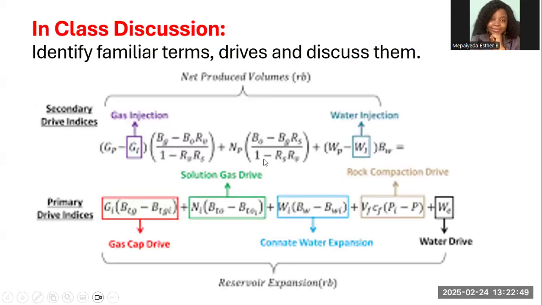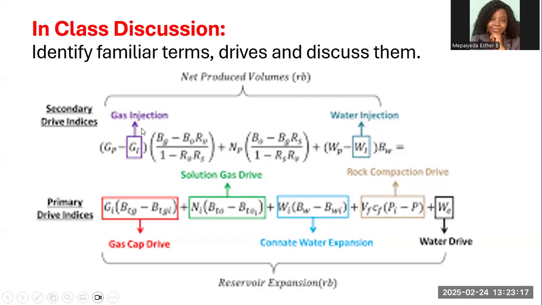I want to pause this video for a while. Look at this slide. It can be hard to identify familiar terms and drives, so discuss them. You should be able to identify your gas injection, water injection, gas cap drive, solution gas drive, your connate water expansion, your water drive, and your rock compaction drive expression.